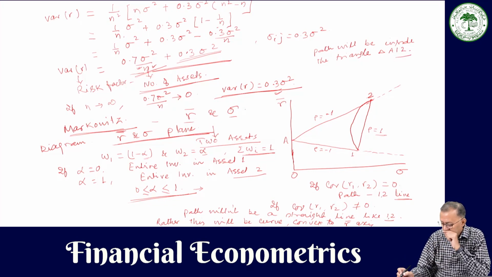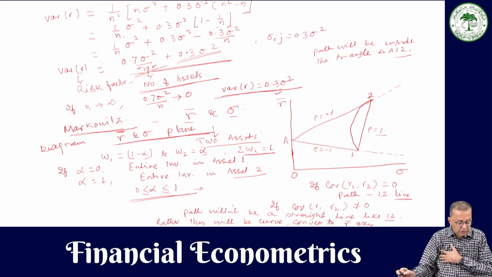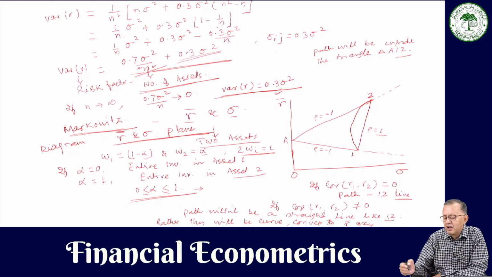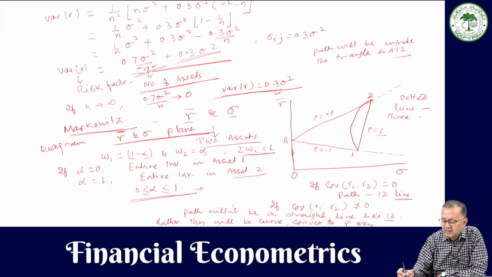Clear? This is because of the covariance factor. So this covariance factor is there, the path will go like this, and the dotted line actually shows the weight will be negative, and this dotted line shows that short selling or shorting is taking place.